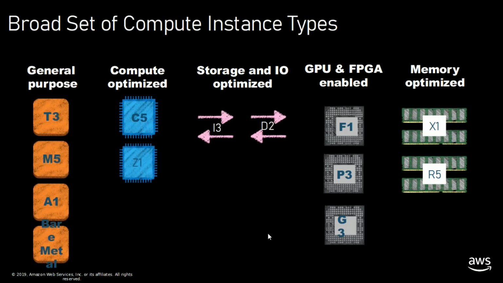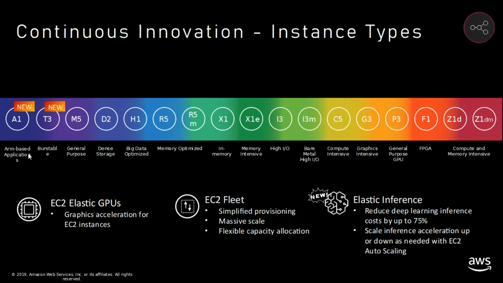So we have a broad set of compute instance types. For general purpose, we have general purpose instances. If you want a compute optimized instance, we also have that. Storage and IO optimized instances. GPU or FPGA enabled, or memory optimized instances. So here are the different types of instances. If you want memory optimized, we have R5 and R5m.